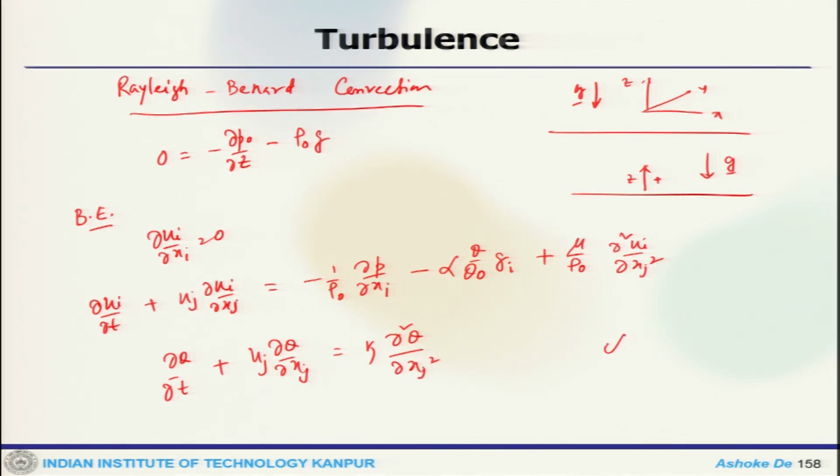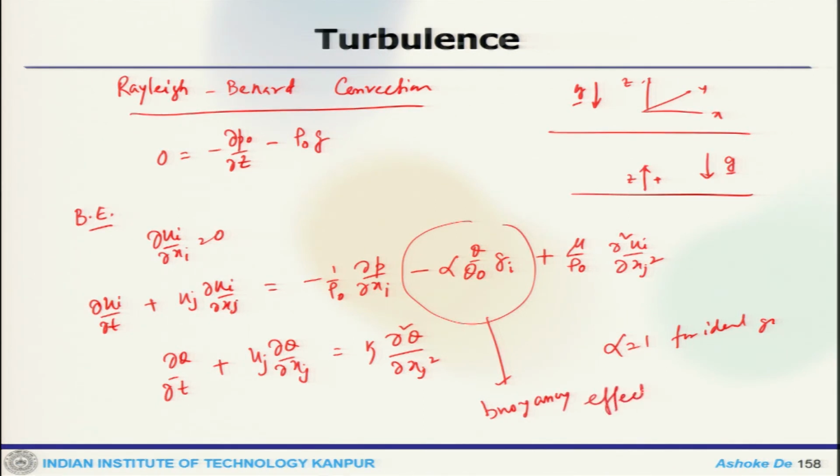So, alpha equals 1 for ideal gas, and this is the term which is known as buoyancy effect. So, we have already looked at this equation.